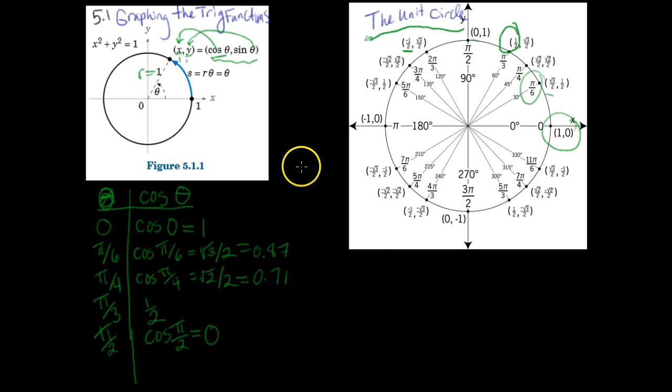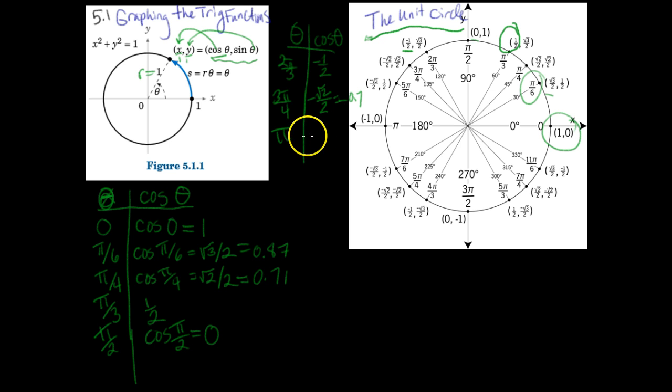So let's just continue this up here so we can do it. So here's our theta. This is our output, cosine theta. So 2 pi over 3 is negative 1/2. 3 pi over 4 is negative root 2 over 2. And remember, that just means it's negative 0.7. And then I'm just going to skip to the quarters.